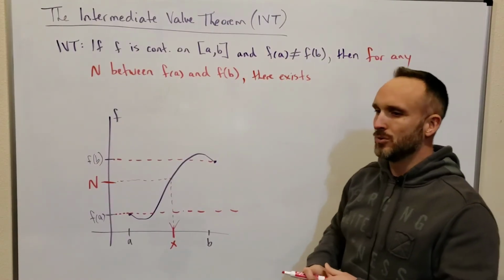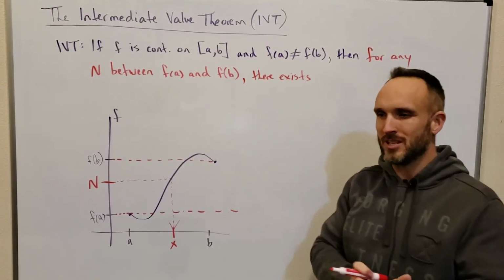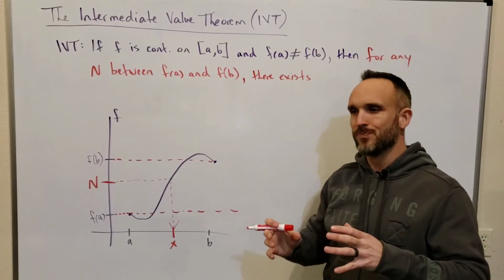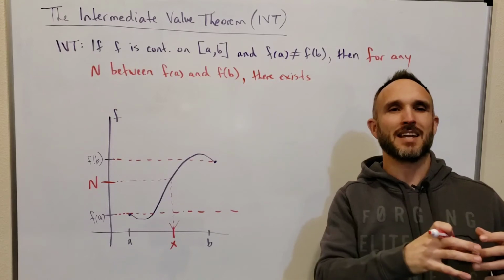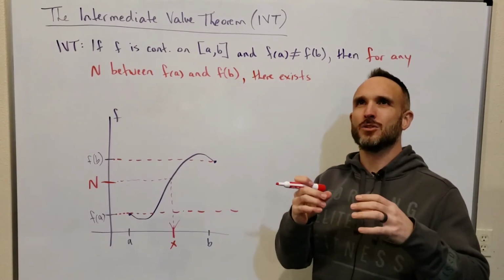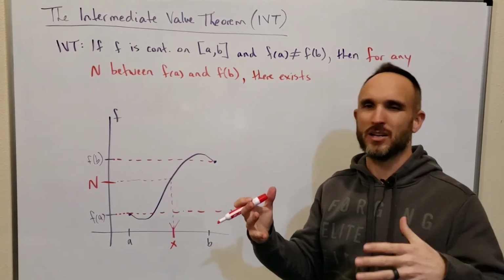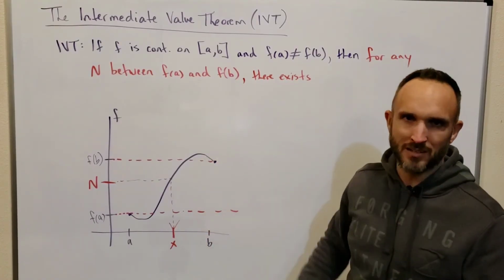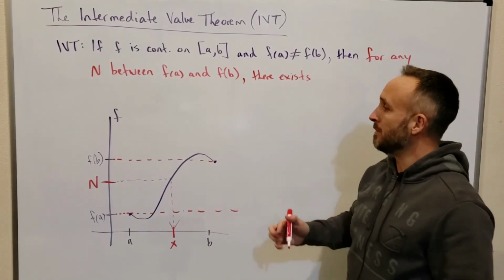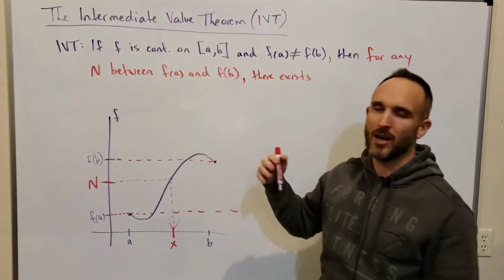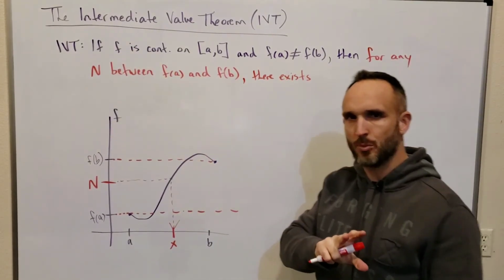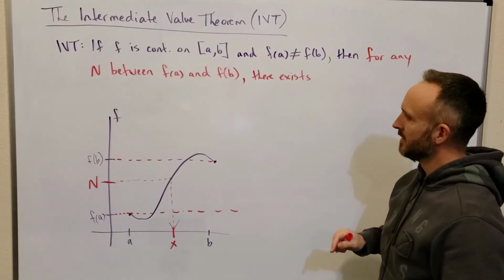So these are types of theorems that as mathematicians, when you're doing research, if you can guarantee that something exists, that's good. The next step is, is there a process you can elaborate to find it? And that's not what the intermediate value theorem is, okay? Now there may be cases with particular functions where we could figure out what we're looking at. But that's not the point of the intermediate value theorem.